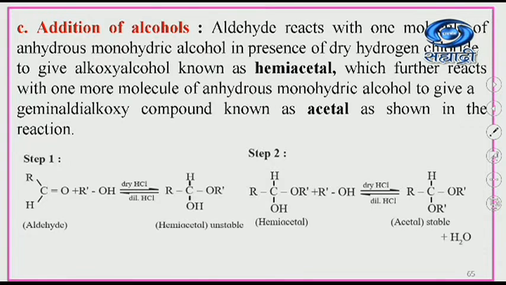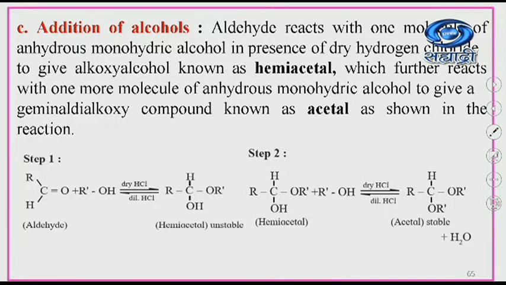Another, that is step number 2, RCH(OH)OR' plus R'OH, that is alcohol. So this is a reversible reaction, dry HCl. After that you can treat with dilute HCl. You will observe RCH(OR')(OR').